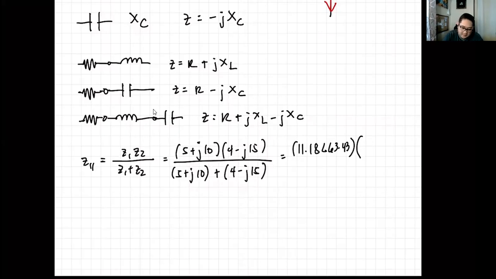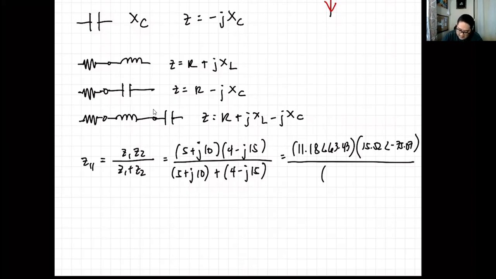Sorry, wait lang. That is 15.52 angle negative 75.07. And then yung sa ilalim, since addition siya, gamitin natin yung rectangular form na addition muna before natin i-convert into polar form.